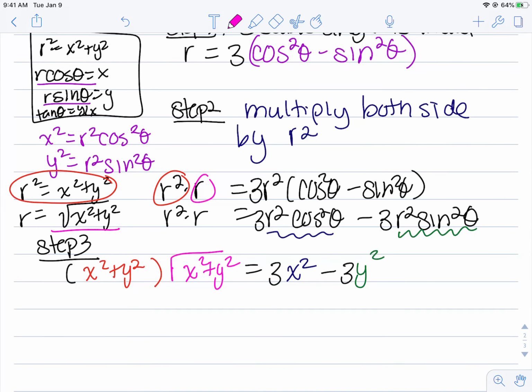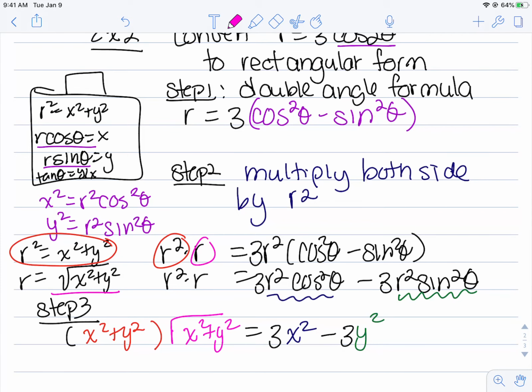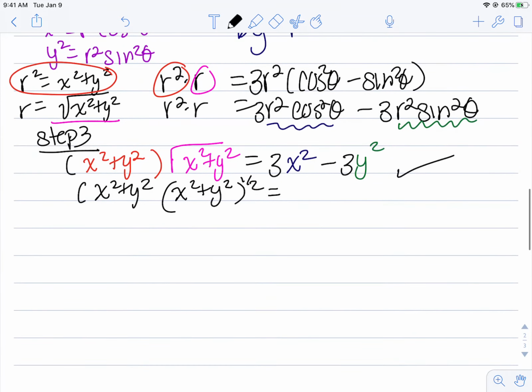Now I did what I had to do. I converted to rectangular form. This is fine by me if you leave it like this. Okay, you're good. You can simplify further because this is the same thing as x squared plus y squared to the 1/2 power on the left-hand side. So this simplifies slightly into x squared plus y squared.